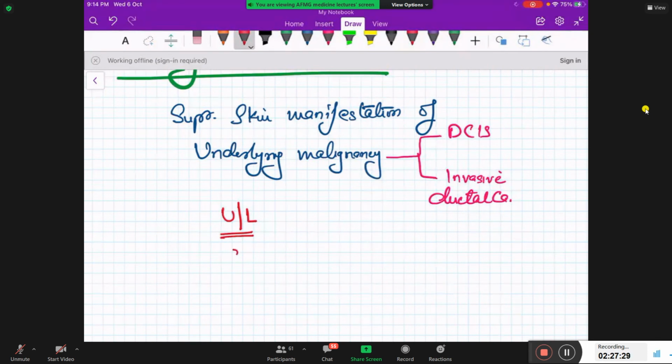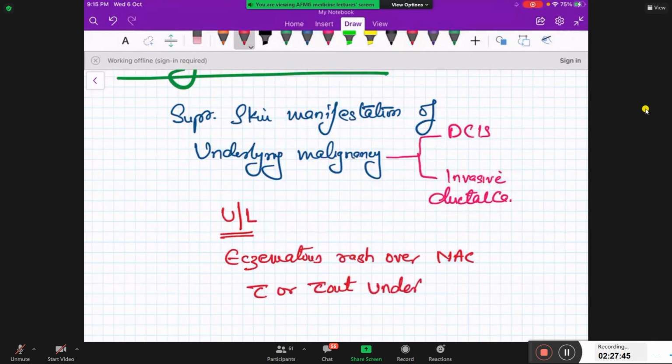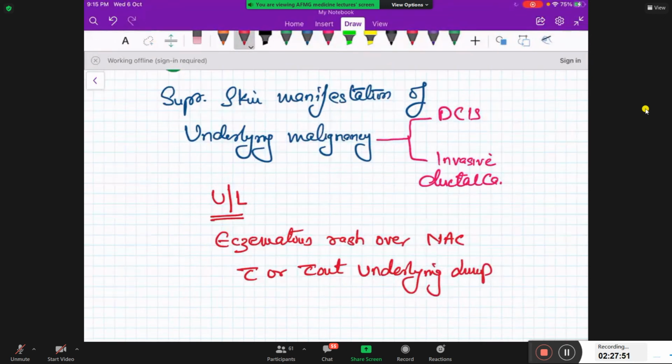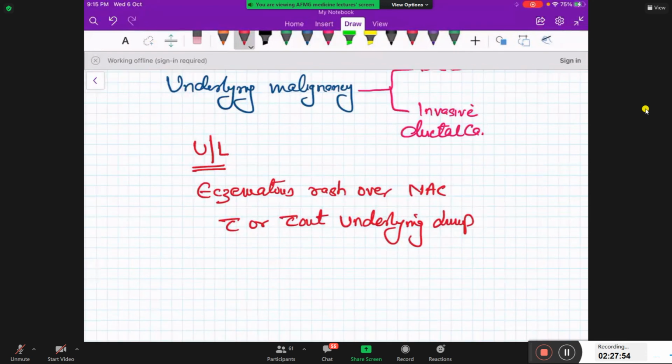They present to you with an eczematous rash over the nipple areola complex, with or without an underlying lump.